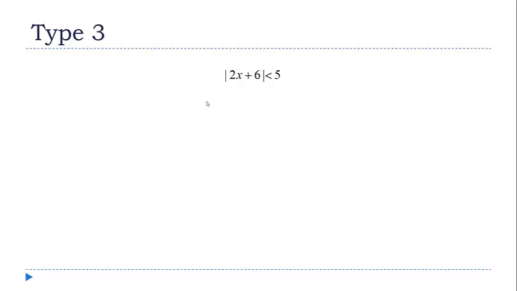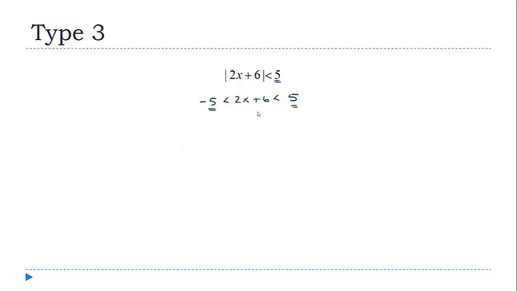What that's going to look like is negative 5 less than 2x plus 6 less than positive 5. You can see what's happened here. We've got the same pattern. I have 5 over here, and I have positive 5 and negative 5 in my solutions.